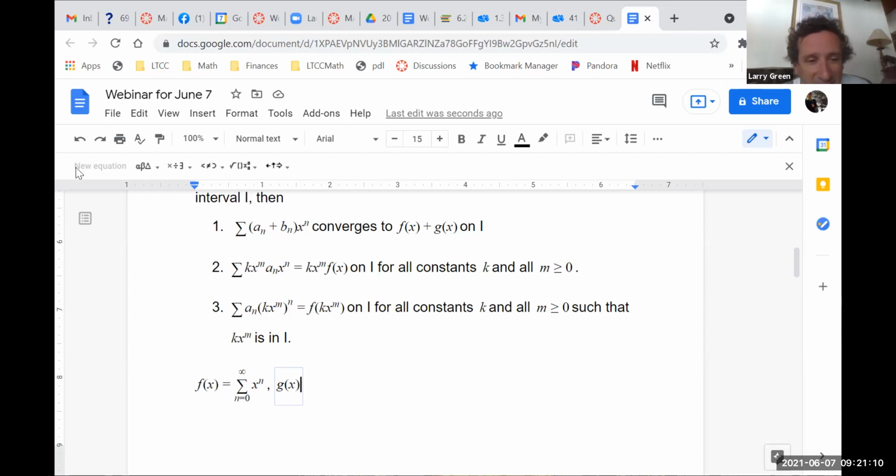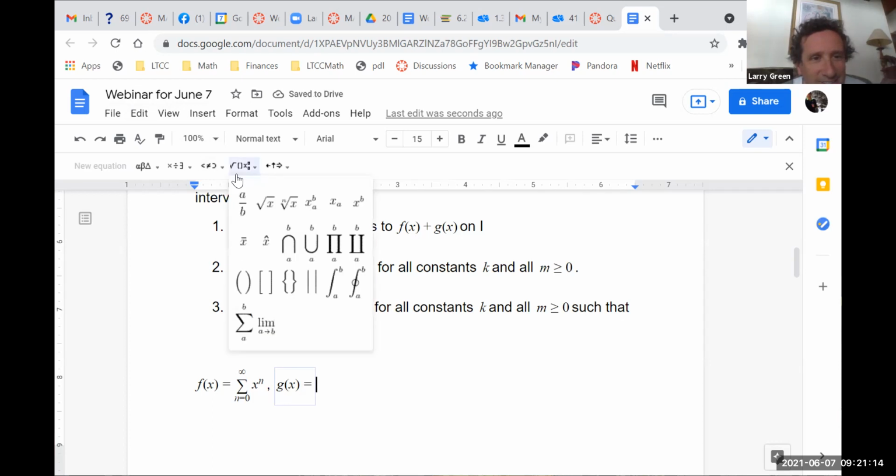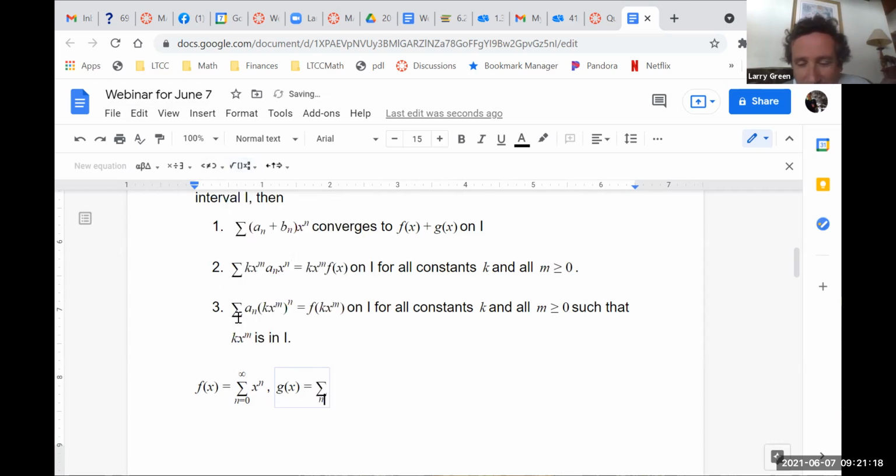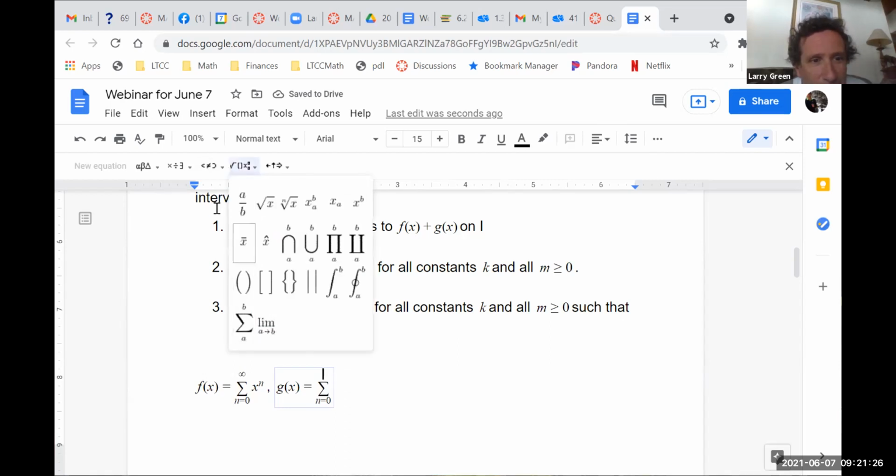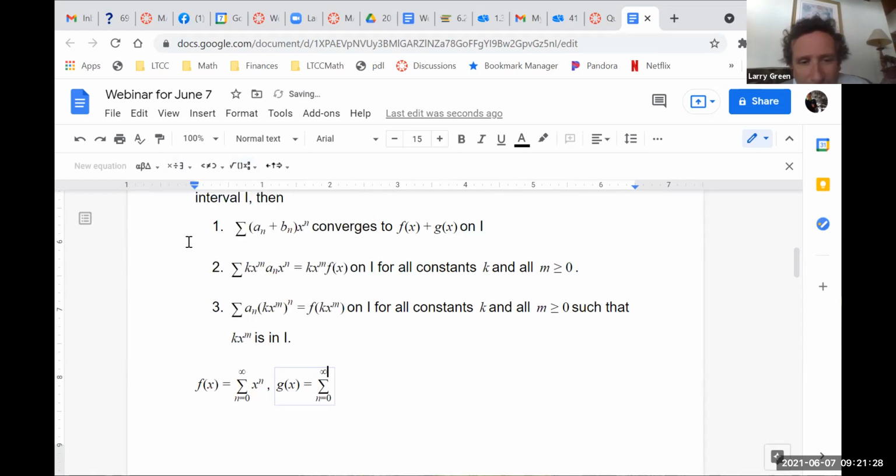And let's suppose g of x, this is kind of tricky, but when you see it, you'll say, of course, as an example, the summation from n equals 0 to infinity of negative x to the n.